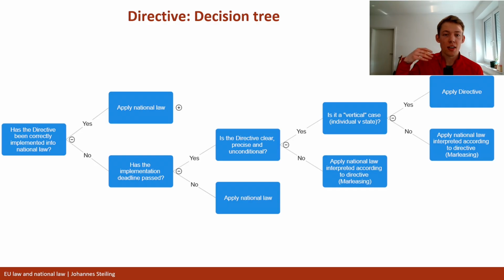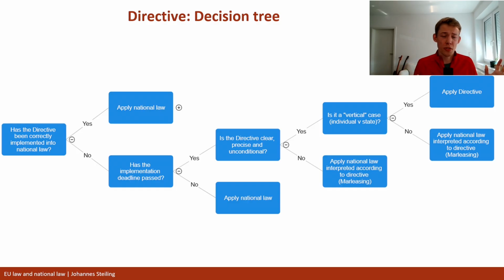But I hope that this video made it clear what the relationship is between the EU legal order and the national legal order, and how legal acts of the EU can actually go into the national legal order and can, in the end, not only force us to interpret national law, but also can disapply national law up to constitutional provisions if we follow the ECJ jurisprudence, unlike the conflict between primacy and the national constitutions, right?